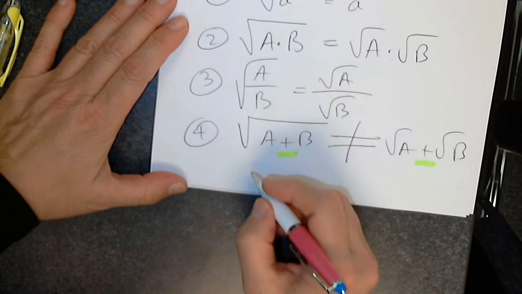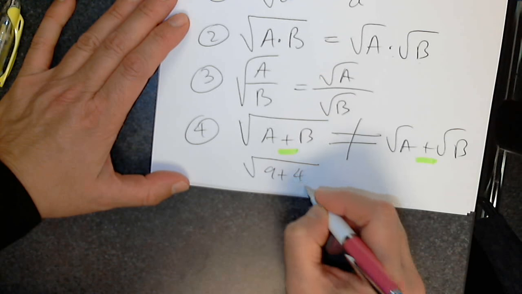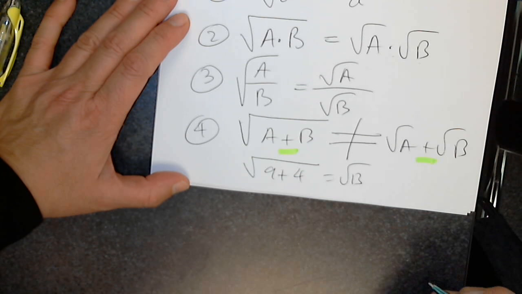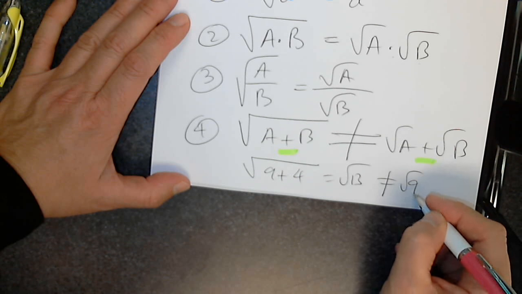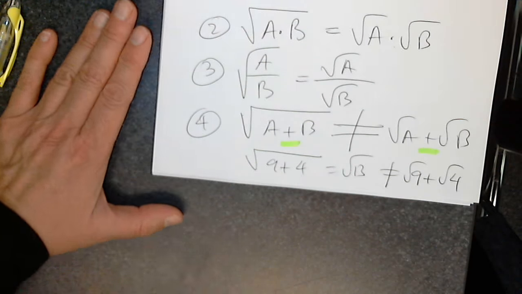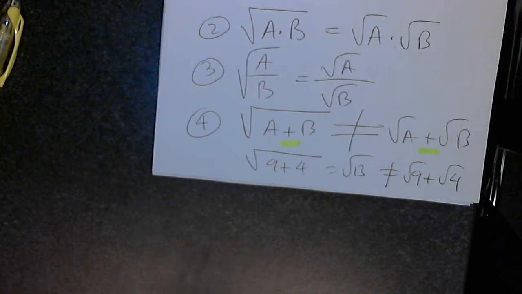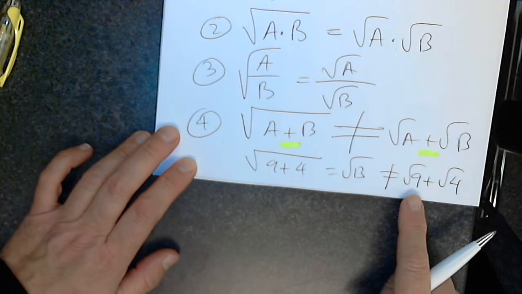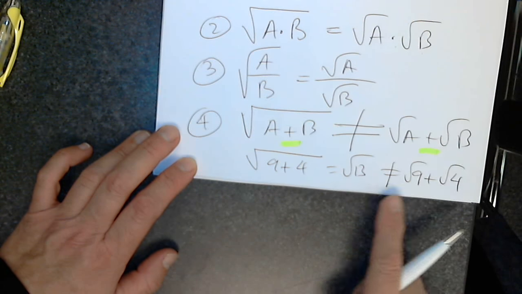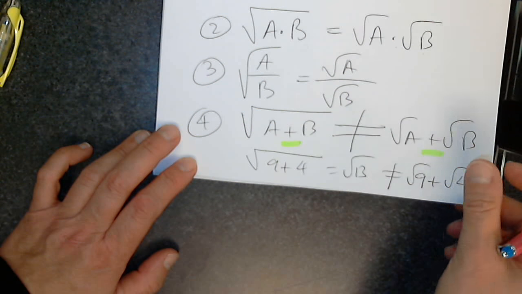Let me give you an example. The square root of 9 plus 4 is the square root of 13. It's not the square root of 9 plus the square root of 4. So please do not make that mistake. It's very tempting but it's not allowed. The square root of 9 is 3 plus 2 is 5. 5 does not equal the square root of 13.